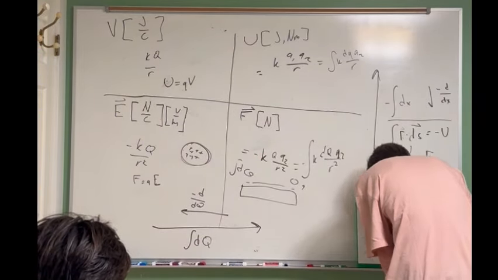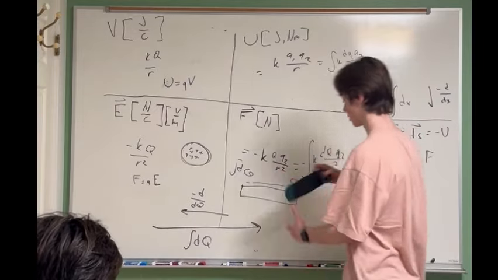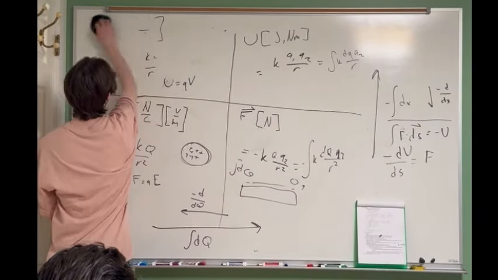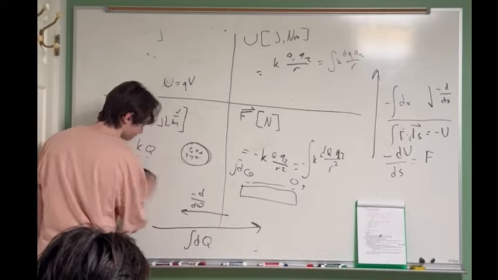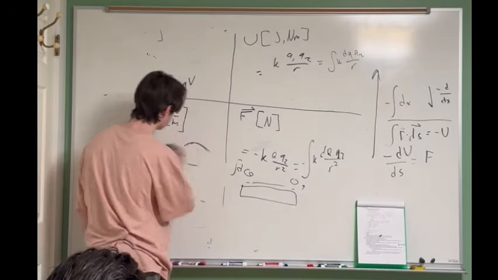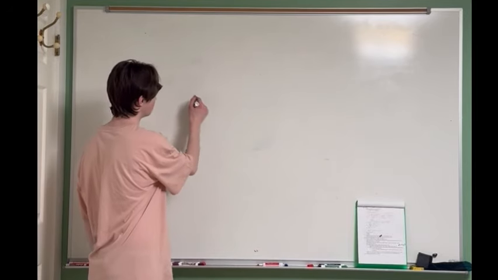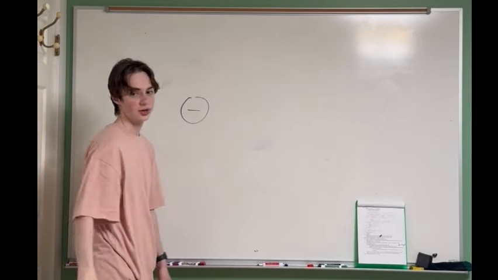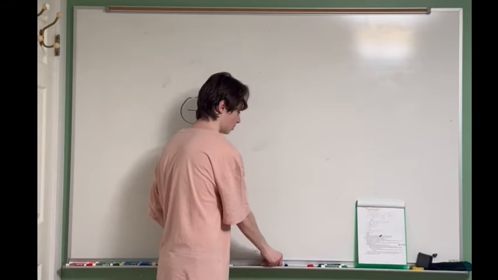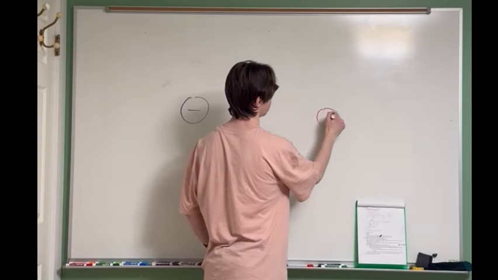Actually we're about to do a problem like that. But first we're going to visualize these constants with a little picture. Let's say we have some charge, we'll call it a negative charge. I'll do the same thing for a positive charge in a minute.